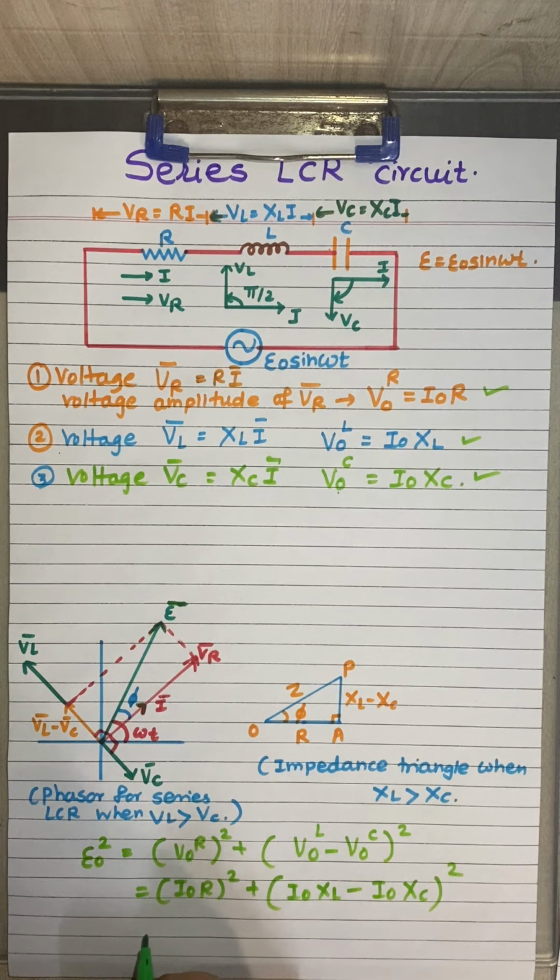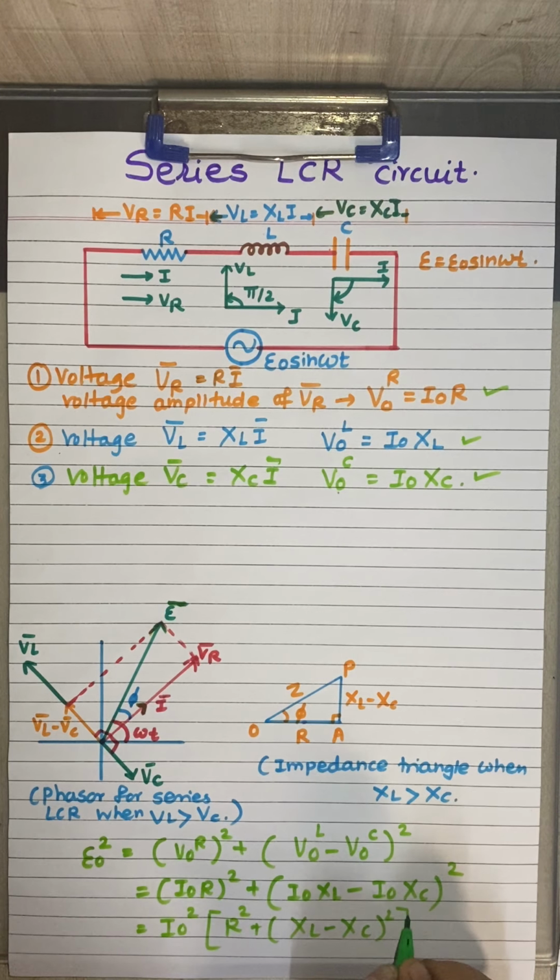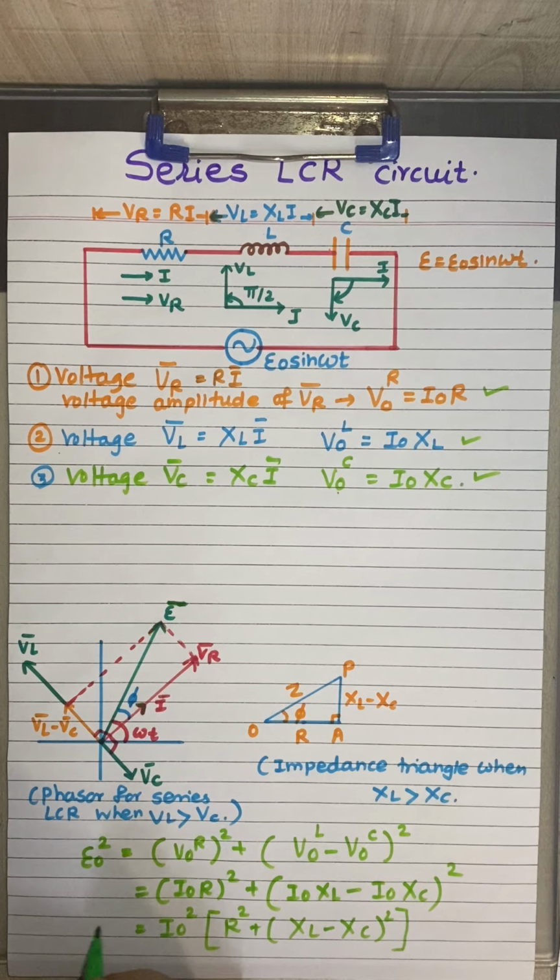If I take I naught square outside, then inside the bracket there will be R square plus (XL minus XC) bracket square. So I got this value as E naught square.